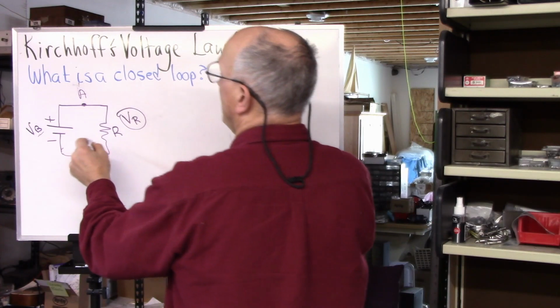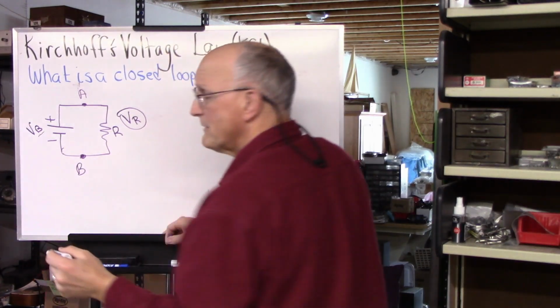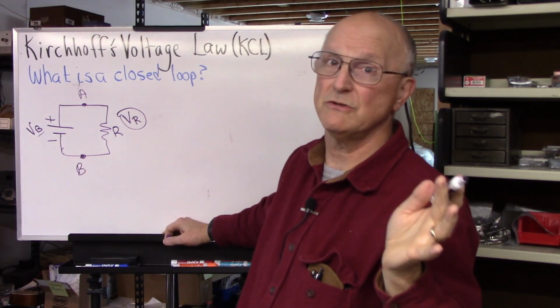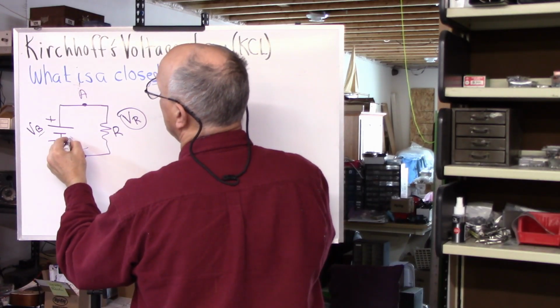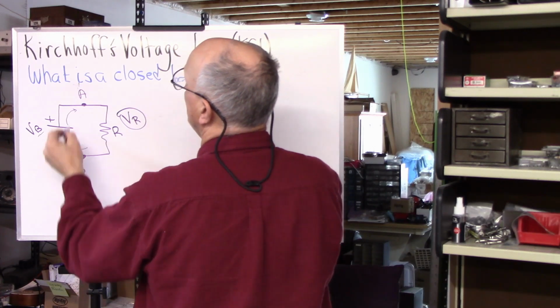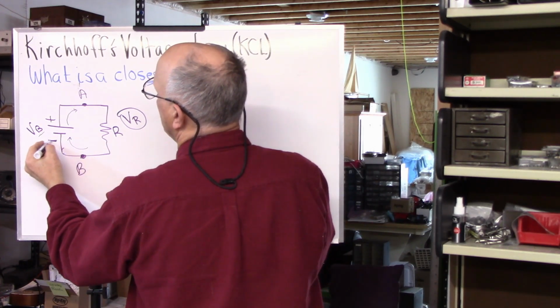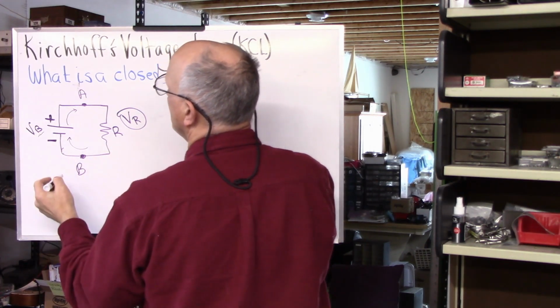Now, as we move from point B, and it's arbitrary, by the way, what direction you choose to go and how you choose to establish this, as you're moving around from point B to point A through the battery, you're going from the negative side of the battery to the positive side of the battery.